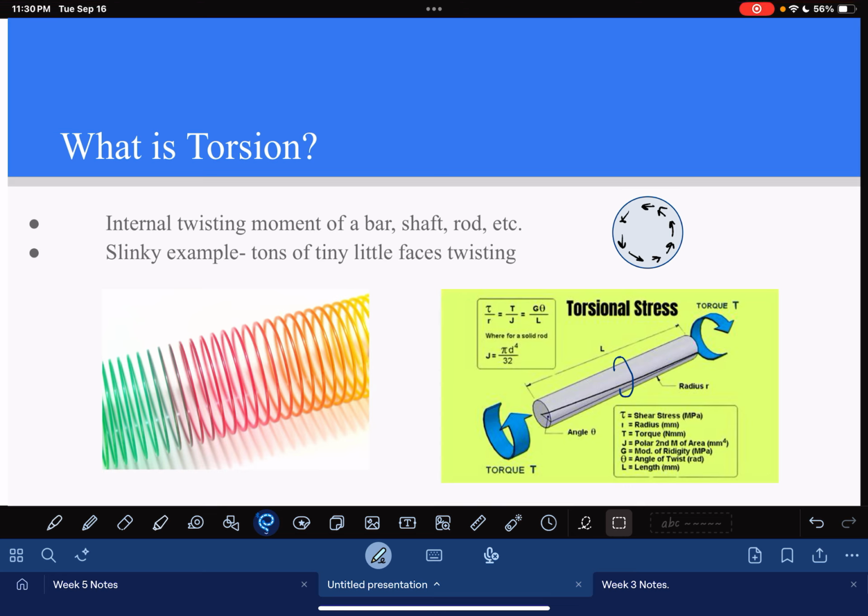I think the best way to think about this is imagine a bar, kind of as how we have pictured here, and we have a twisting force where we have a torque applied in one direction, and we have another torque on the other side applied in the other direction.